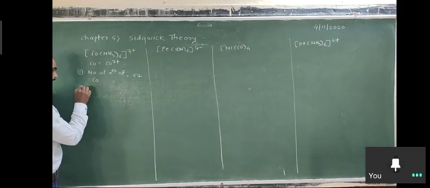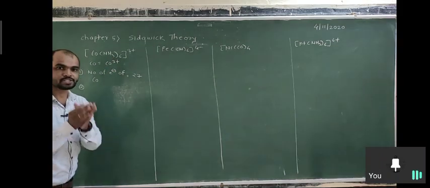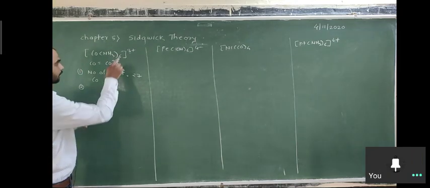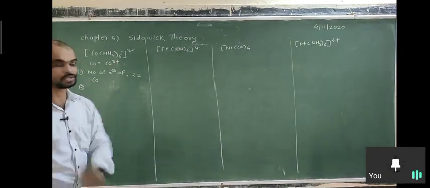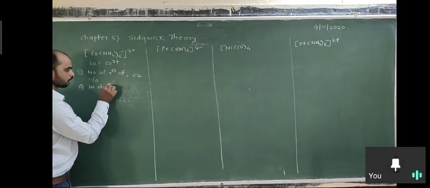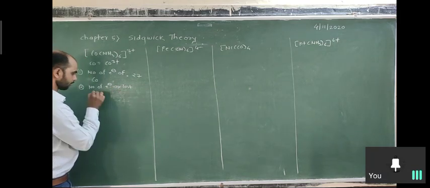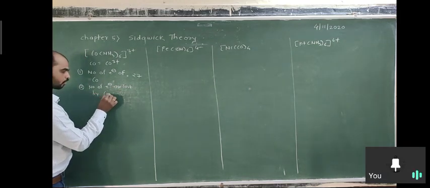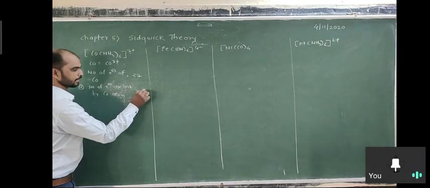Second point: how many electrons are lost during formation of the complex? The oxidation state is 3, which means 3 electrons are lost. So write the number of electrons lost by the Co atom: 3 electrons lost.